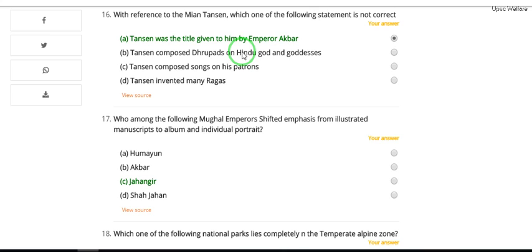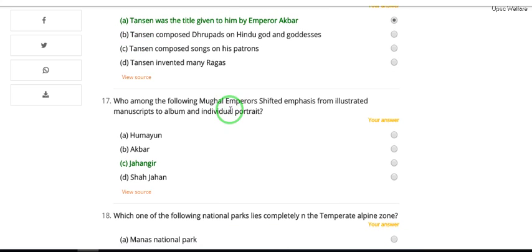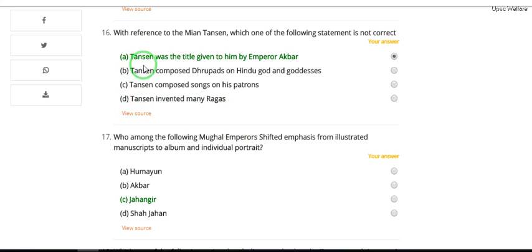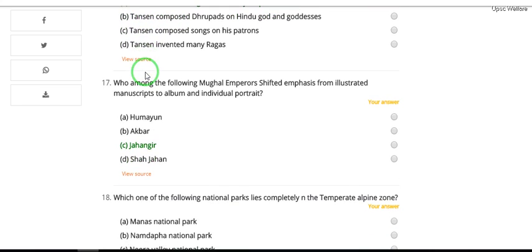And option B, that he composed Dhrupad on Hindu gods, of course, is correct. Tansen composed songs on his patron, and Tansen invented so many ragas. So it is going to be correct here. So we will go with A here, because as we know, in ABCD we have to choose one, so we will go with A.